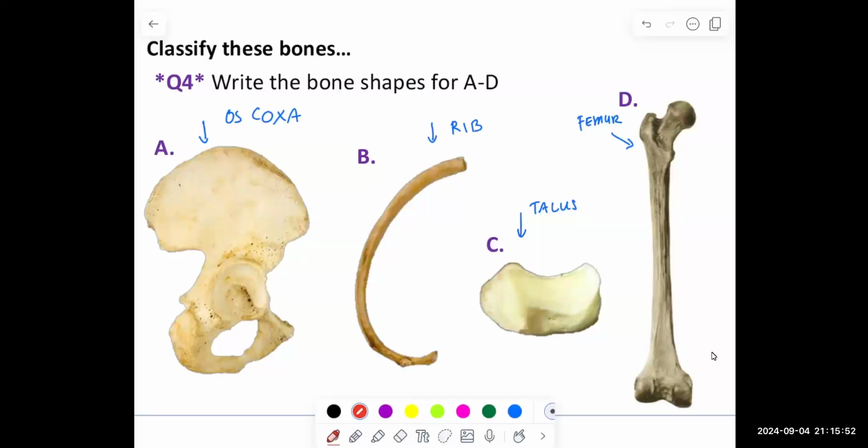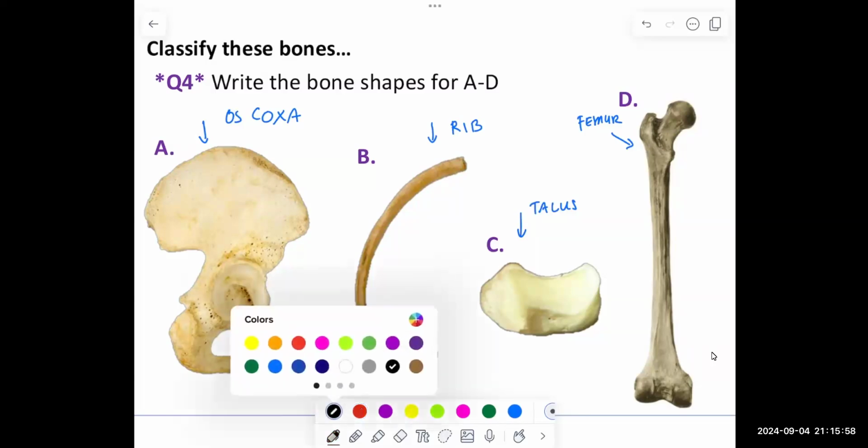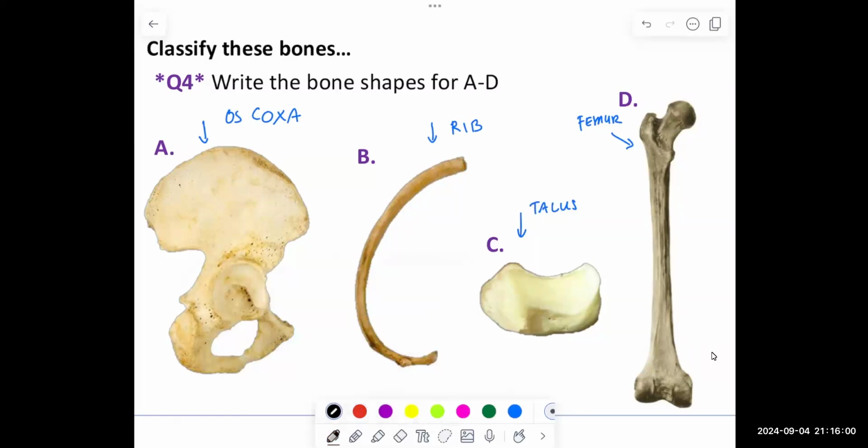The os coxa, I will tell you, is one of the weirdest bones in your body. Because technically, when you're a kid, it is 3 bones. And then when you become an adult, it's 1 bone. So weird. Okay. But this one that I'm pointing to, this is the body of that bone.